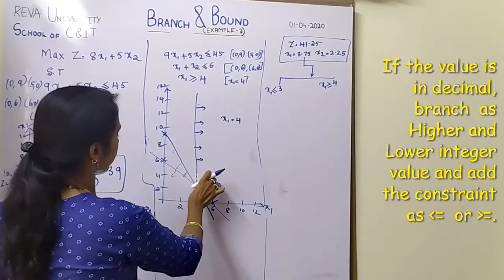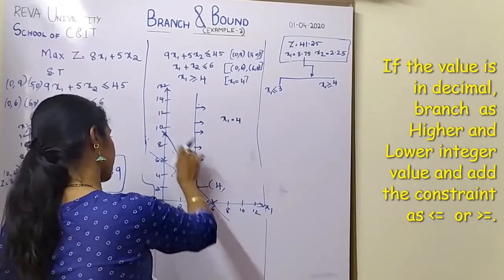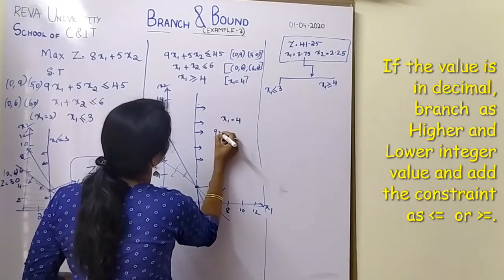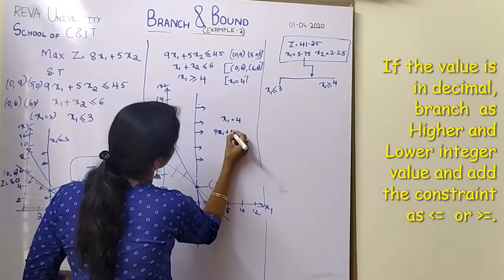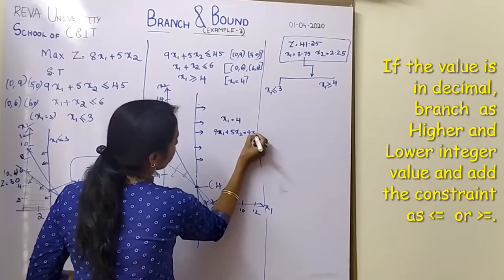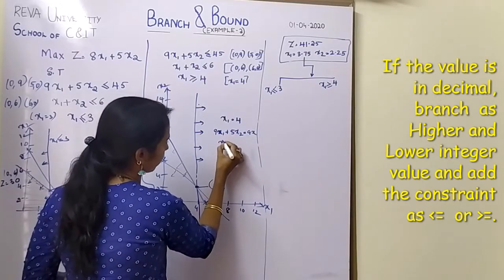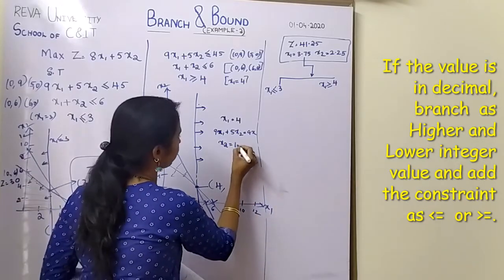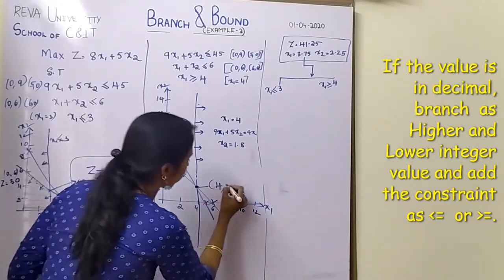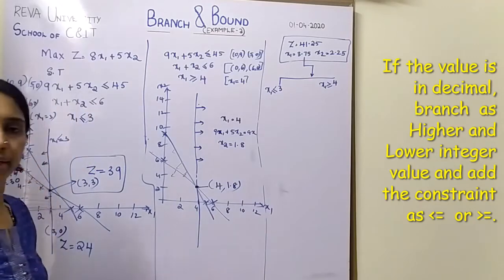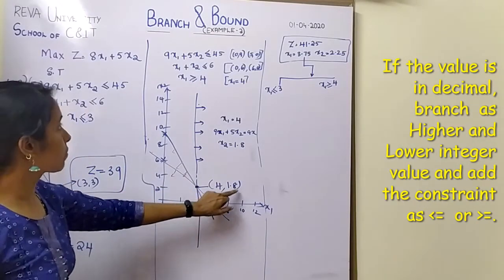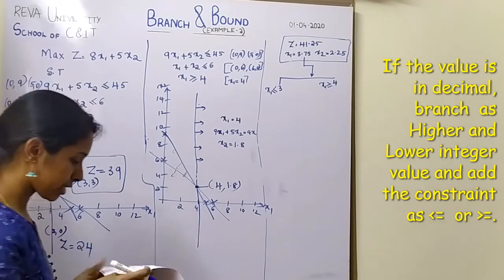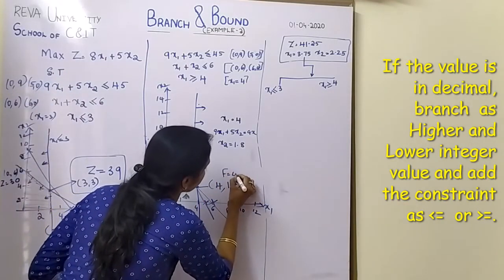To find out, you can solve either of these. Suppose I substitute this x1 value into 9x1 plus 5x2 equal to 45. Then x2 will be equal to 1.8. So 4 comma 1.8. Just substitute these x1 and x2 values in the objective function, and you will get f is equal to 41.